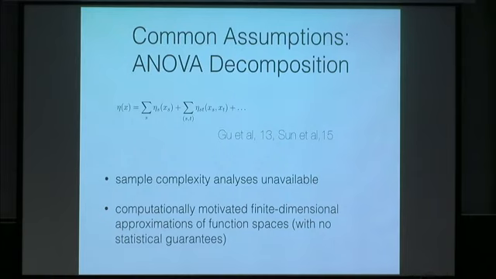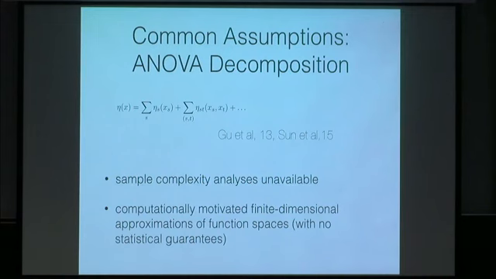Right. In many of these papers, the sample complexity analyses are unavailable, but I can imagine that if I roll these out sufficiently farther, then it's going to be exponential as well. And also, I'm still left with the computational bottlenecks, because again, I have an infinite dimensional optimization problem, and I have to make these finite dimensional approximations when all the statistical guarantees go out of the window.